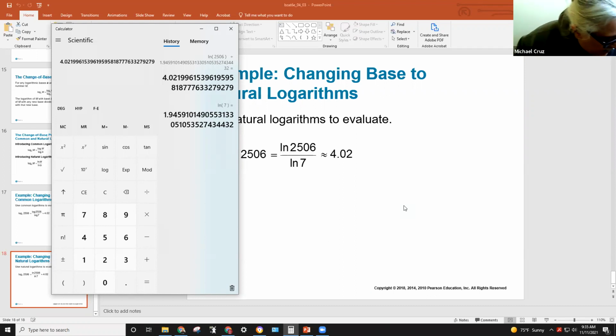Got so much stuff stapled together here. All right, this is what we'll see.